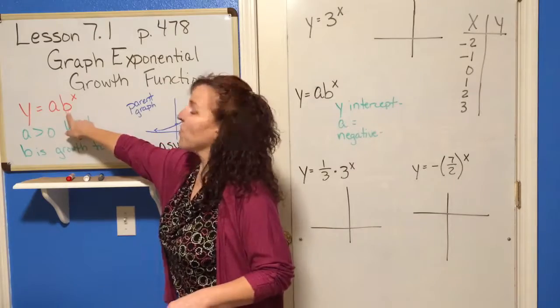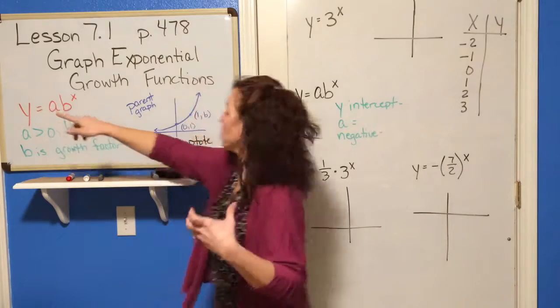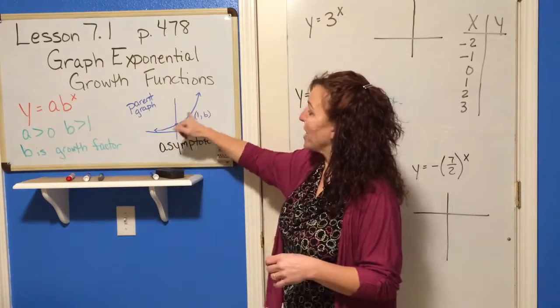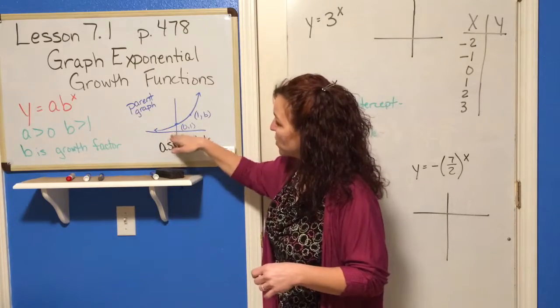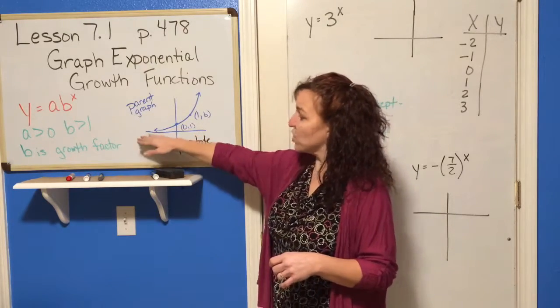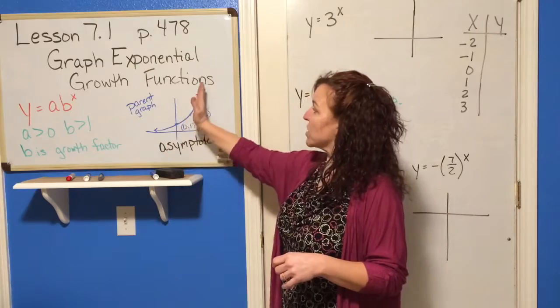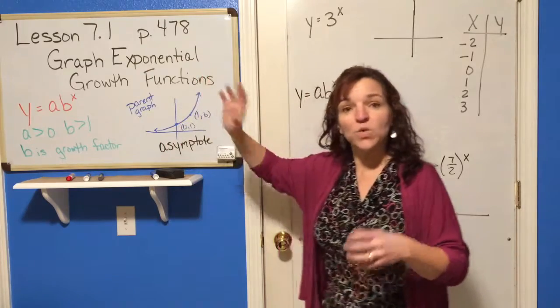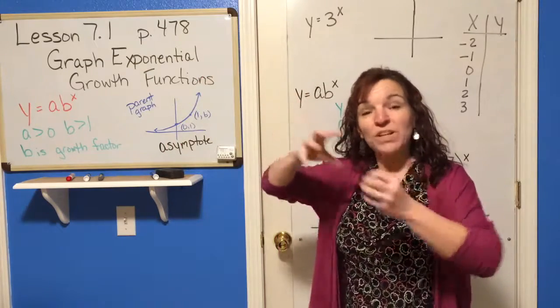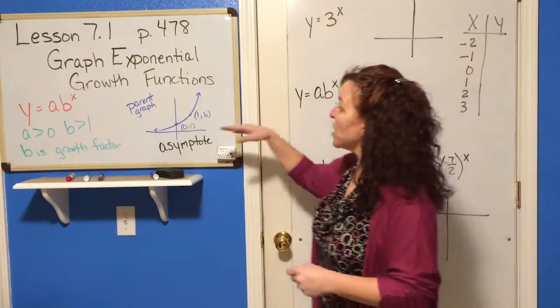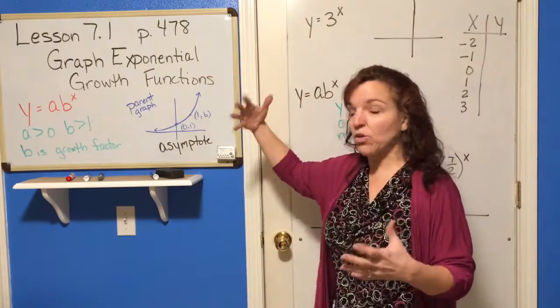So b is your growth factor here, the number that has the exponent on it. So those are the 2 points that you'll need, and then you know that it's going to go closer and closer to the left to the x-axis, and then it's going to curve up quite quickly, because when you take something to an exponent, it gets bigger and bigger very quickly. So that's the shape of your parent graph.